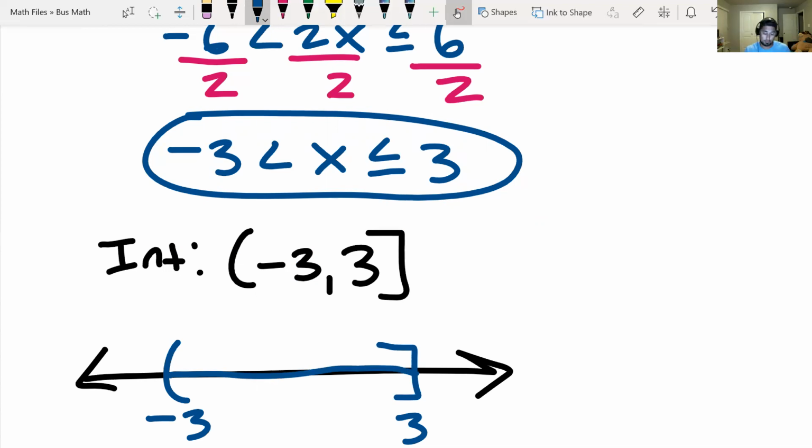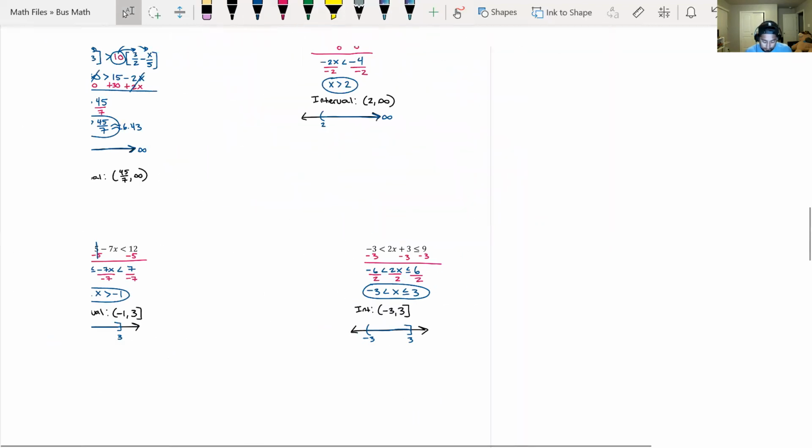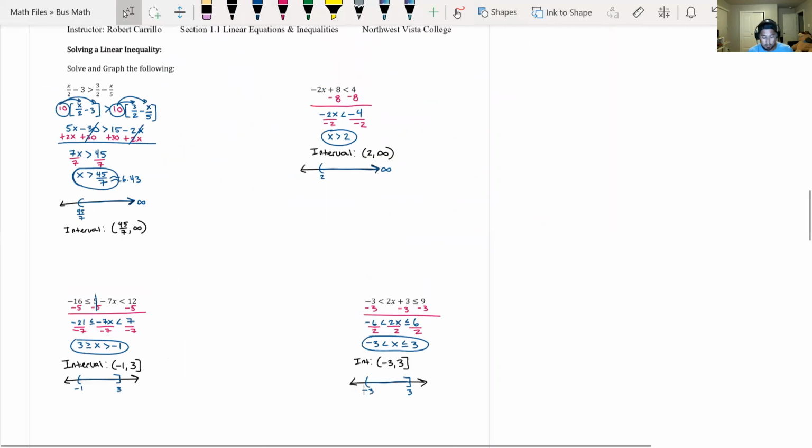There you go. Okay, cool. So that is solving linear inequalities.